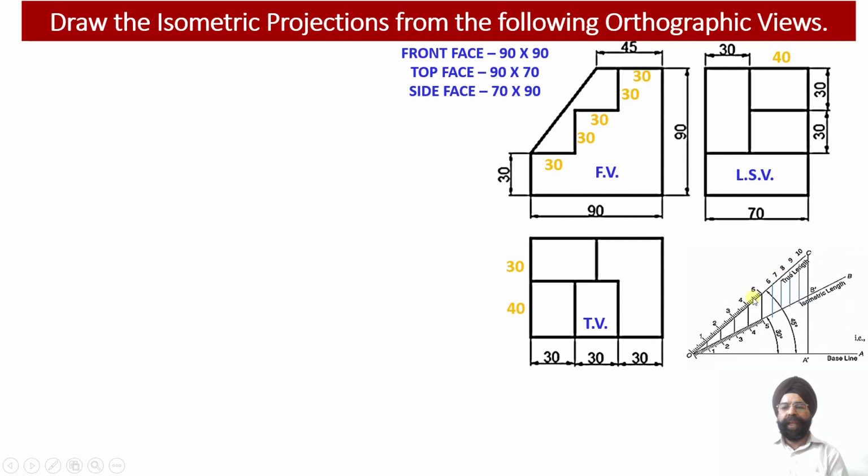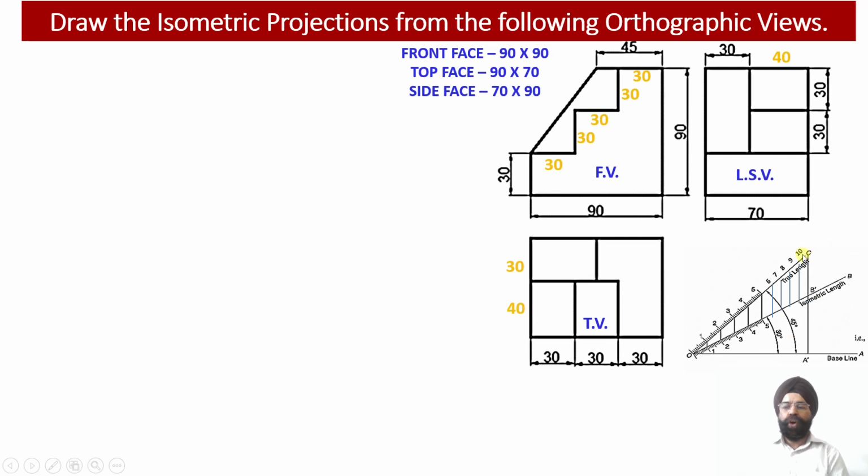So this will be the true length scale, and we are going to mark different dimensions over here, and then we will be drawing the perpendicular projections from the true length scale onto the isometric scale. And this isometric scale we have constructed at an angle of 30 degree.